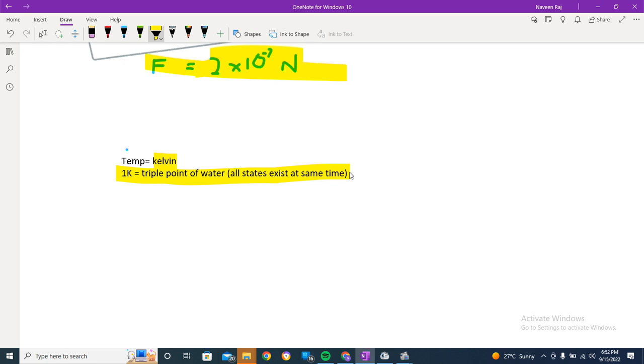The triple point of water is 273.16 Kelvin, or 0.01 degree Celsius, and 1 Kelvin is the fraction 1 upon 273.16 of the triple point of water, right?